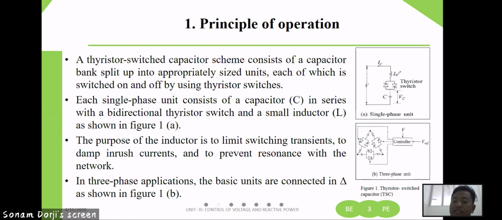But we cannot choose T1 and T2 randomly. T1 is chosen based on two conditions: the bus voltage should be maximum, and the capacitor voltage and bus voltage polarity should be the same. T2 is chosen based on the current, when the capacitor current is equal to zero. This is how we choose.